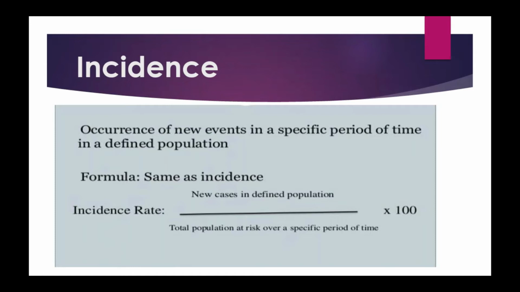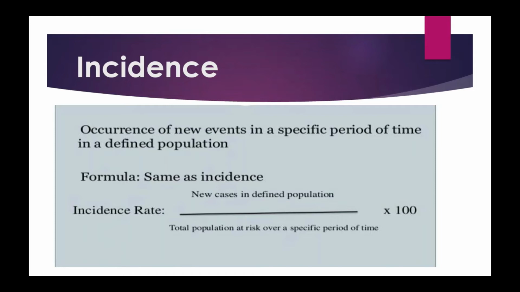From the definition, incidence refers only to new cases. The second point is during a given or specific time period, and third, in a specified population or population at risk. So from the definition we get these terms: only new cases, a given period, and a specified population or population at risk.